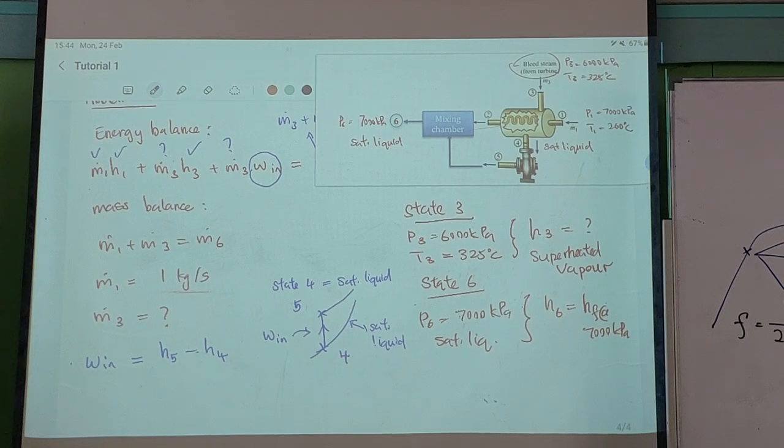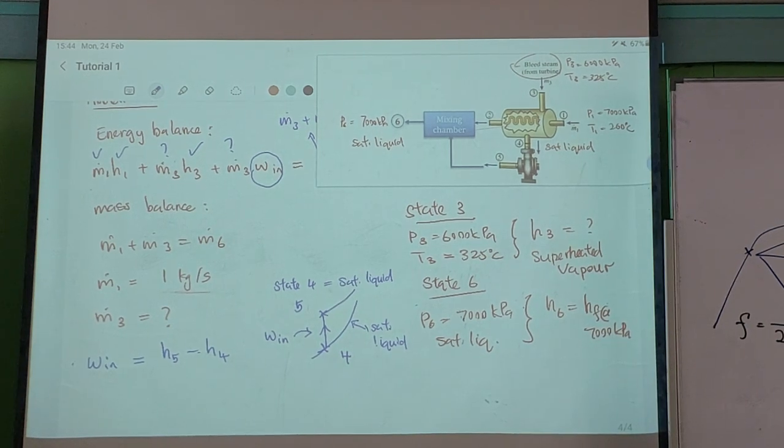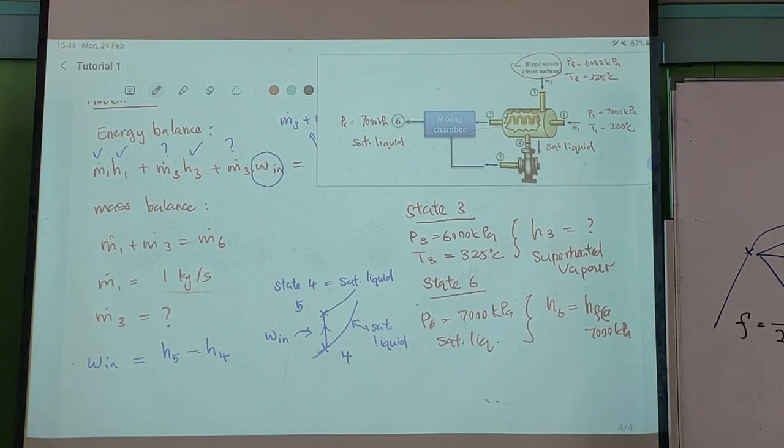Which means this part is actually similar to how you solve state 1 and state 2 for the normal Rankine cycle. Which means what you can do here is W pump equals V4 times (P5 minus P4).